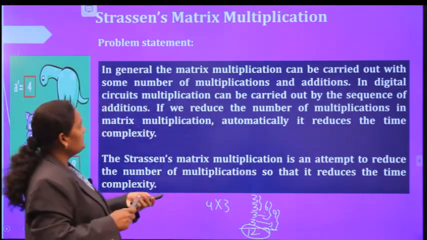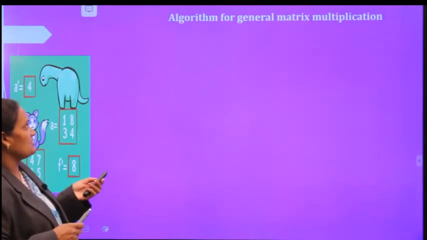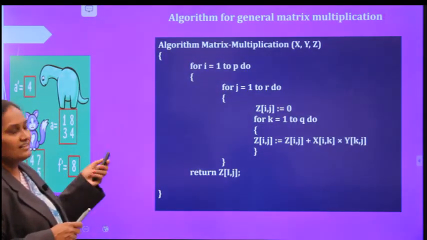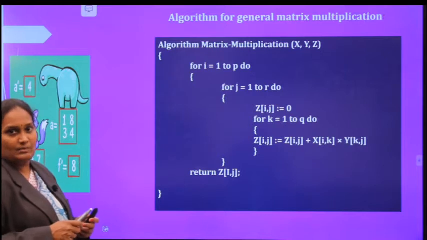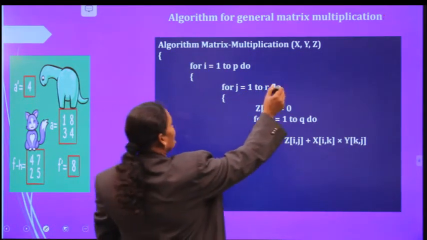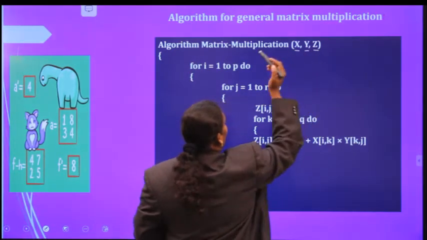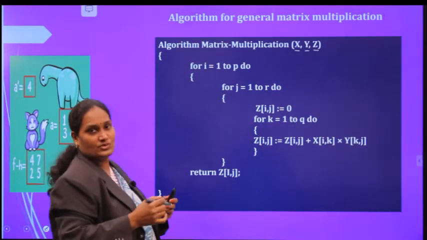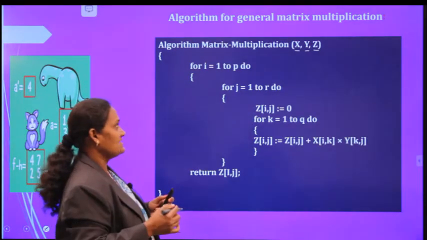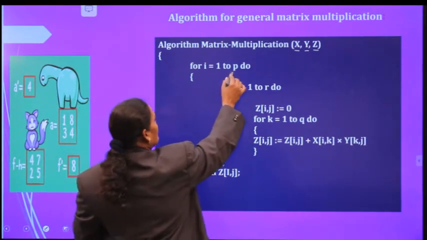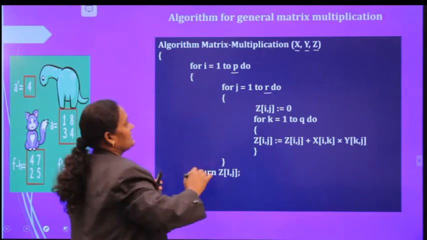Now let us see how the general multiplication process is carried out. This is the algorithm for general matrix multiplication. I have given two matrices x, y and the resultant matrix is z. By the multiplication of those two, we will get the resultant matrix z. The dimensions are represented with p, q, r.